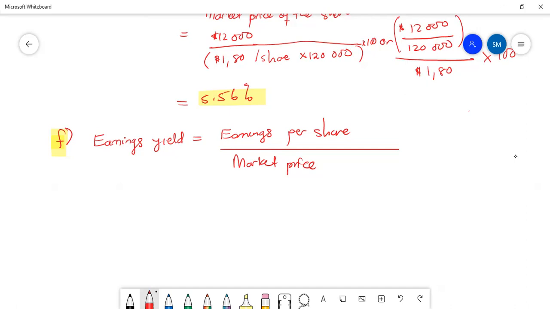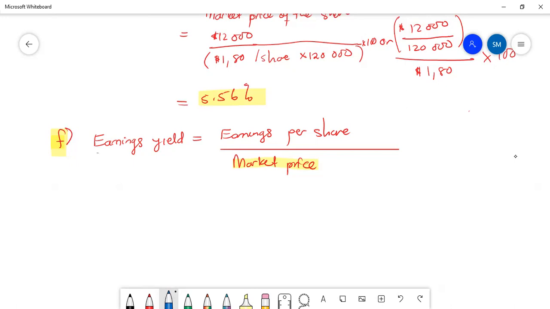So anything that you see with a yield, you always know that your denominator is the market price. Look at our dividend yield: the denominator for the dividend yield formula is your market price. Our earnings yield, the denominator is the market price. So anything with yield, always know that the denominator is the market price. The numerator, we are told by the first word.